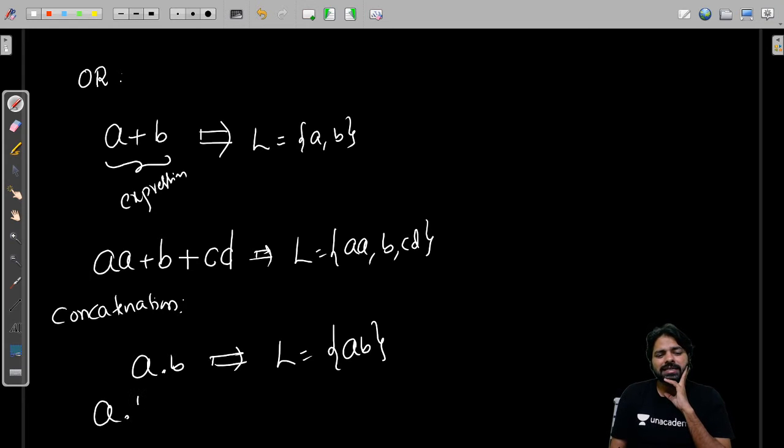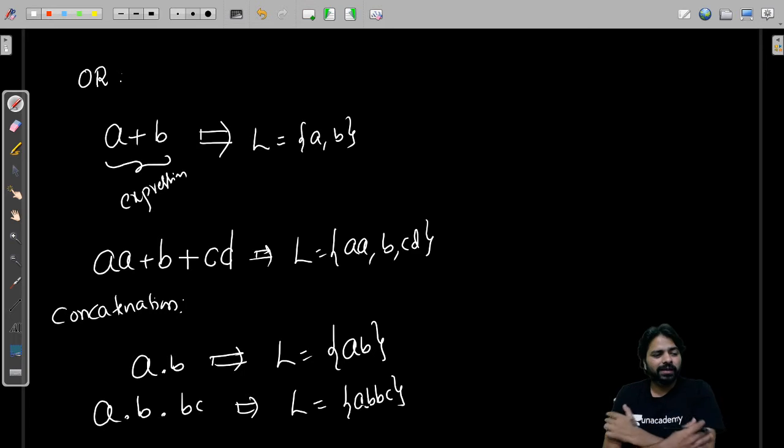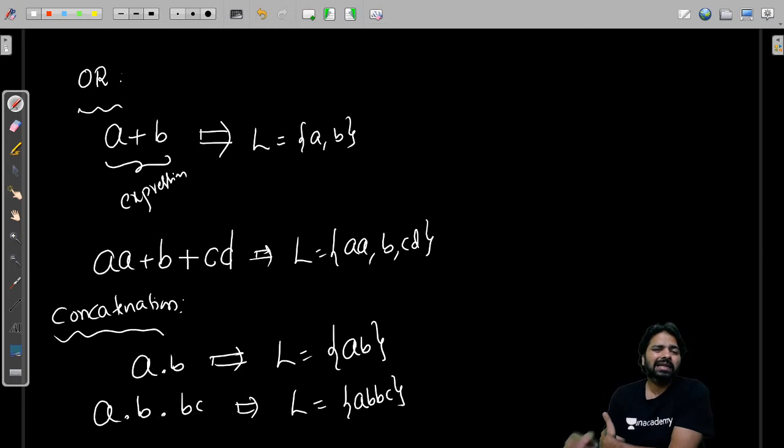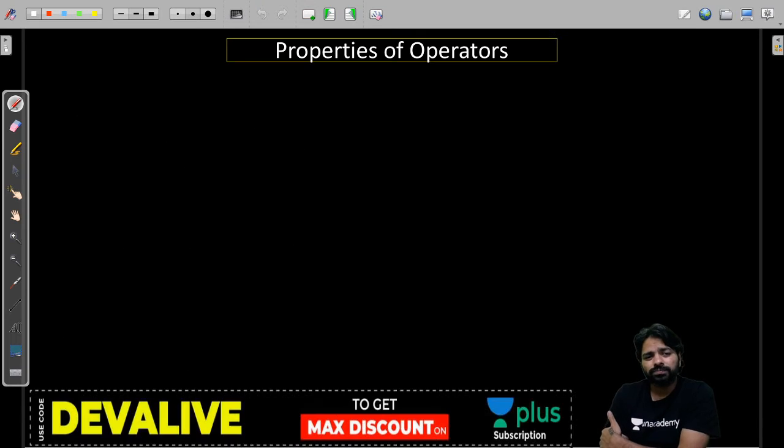And if anybody says A dot B dot BC, the language has 1 string only, ABBC. So this is how we represent OR and concatenation. And they have closure properties, which we will understand now.